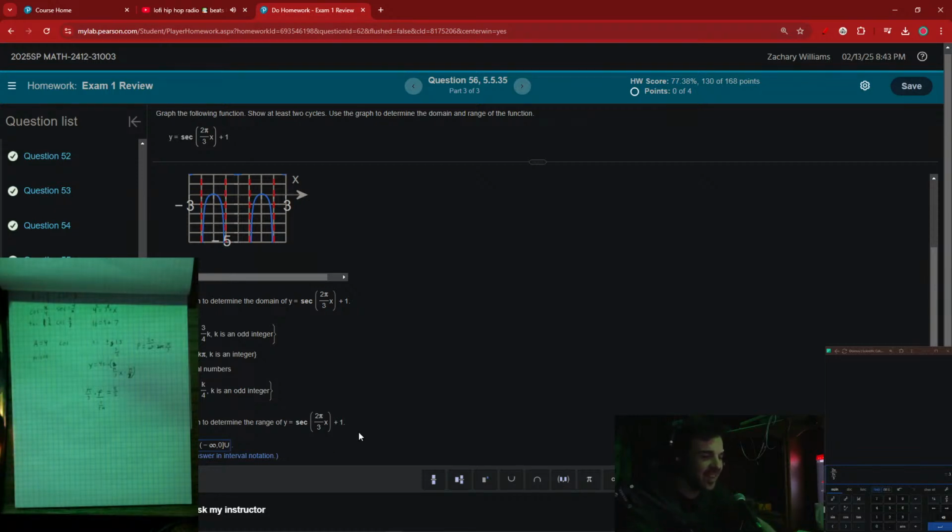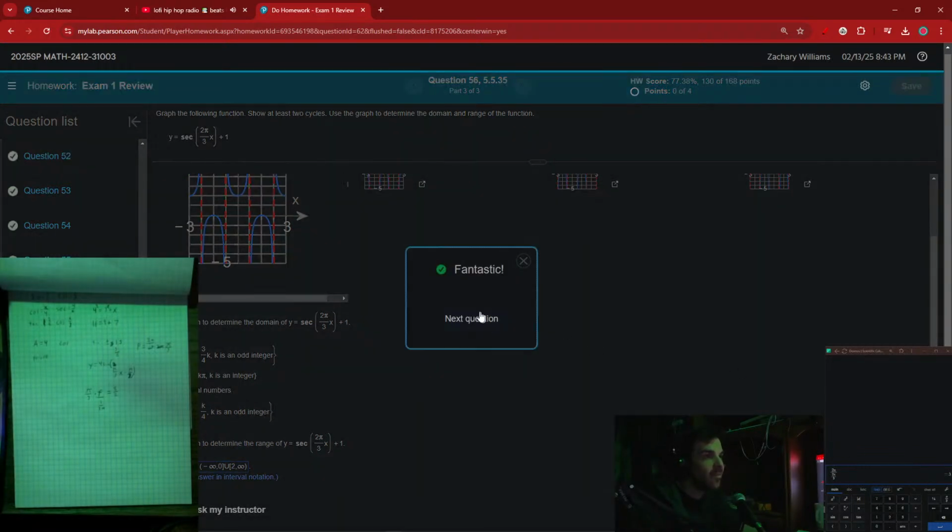I like the name cup better than this one. And then 2 because of the vertical shift, comma, infinity again. Close parentheses. Fantastic.